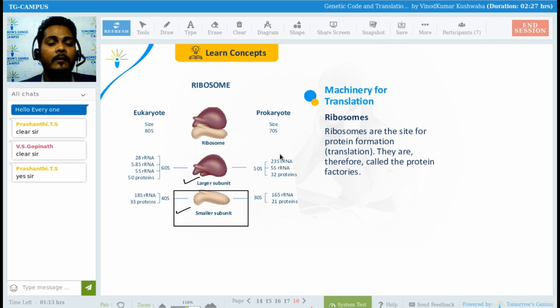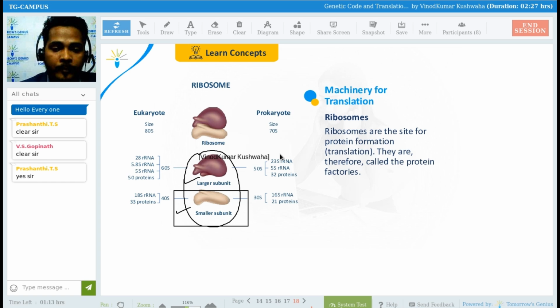When these two subunits reunite at the time of protein synthesis, this phenomenon is referred to as association. You can see in the upper diagram, this is the large subunit and this is the smaller subunit. When both come together, they form a structure like this. So this is what is called association.